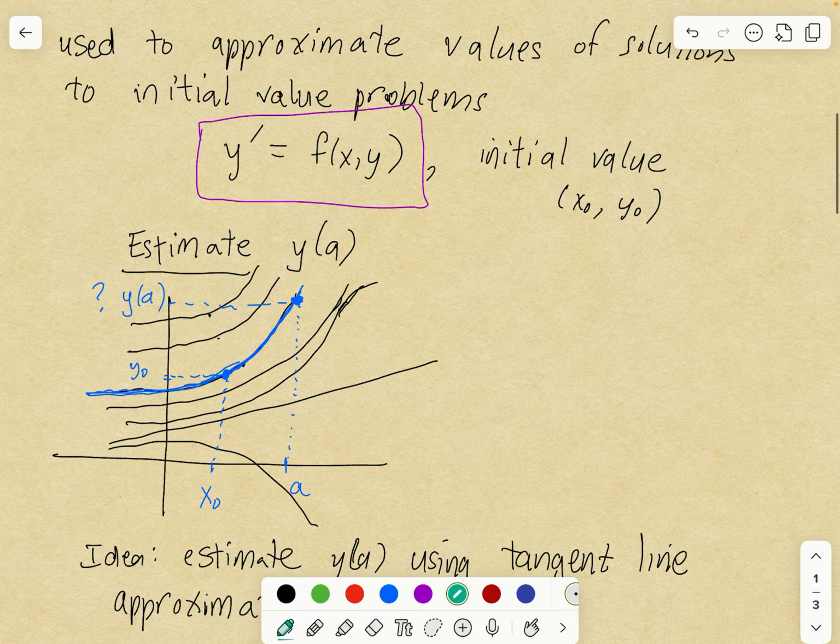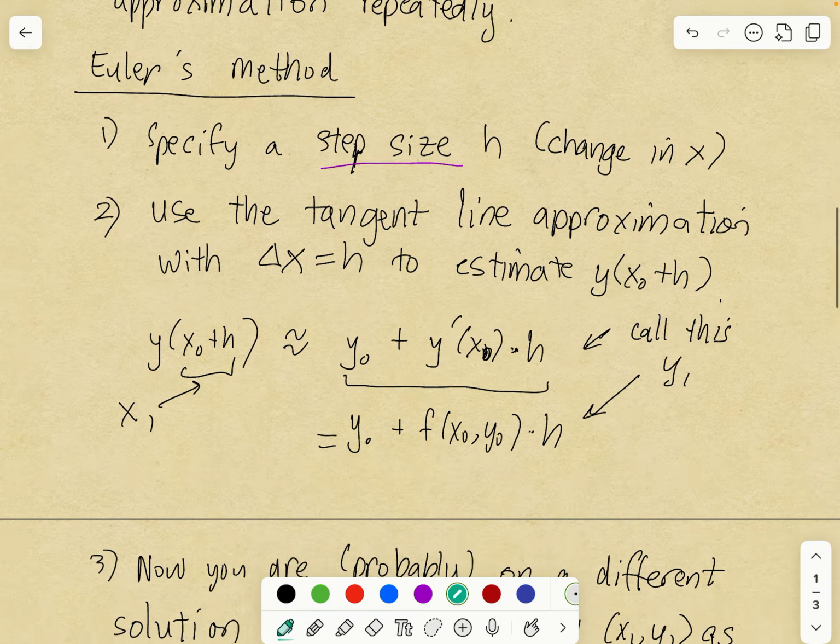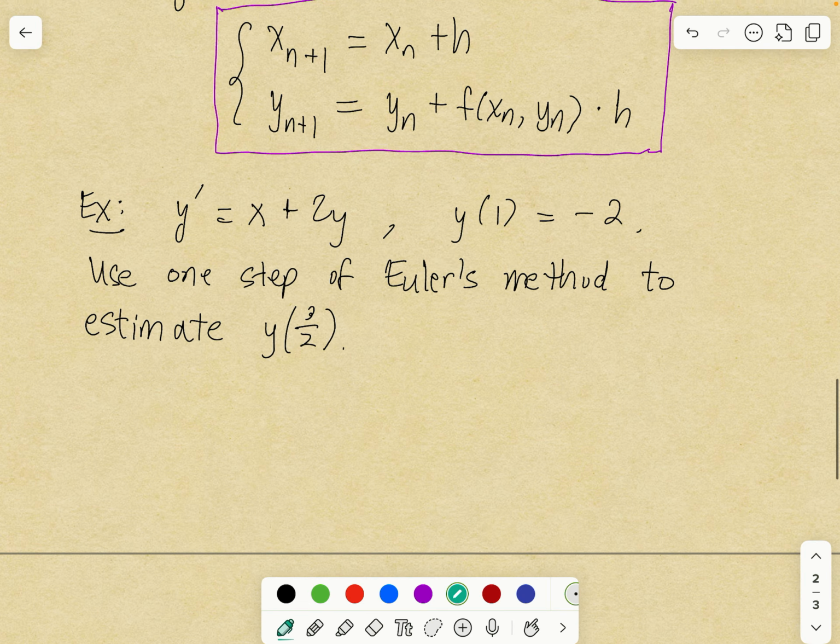Like, what is the f of x, y? What's the x0, y0? Okay, so in this case, the problem says y prime is x plus 2y. So this x plus 2y, that's your f of x, y, okay? Your initial value is, when you plug in 1, you get negative 2. So x0 is 1 and y0 is negative 2.